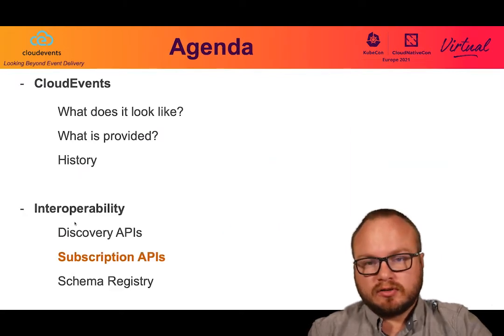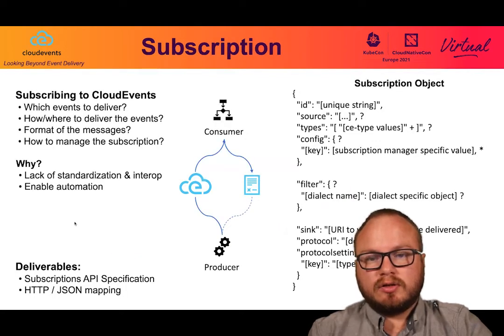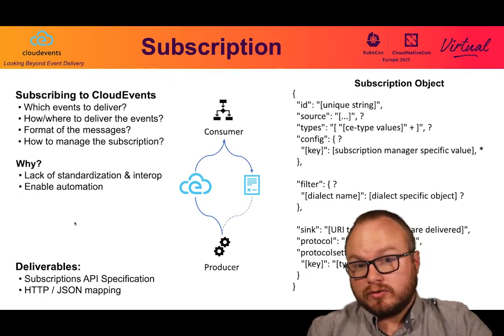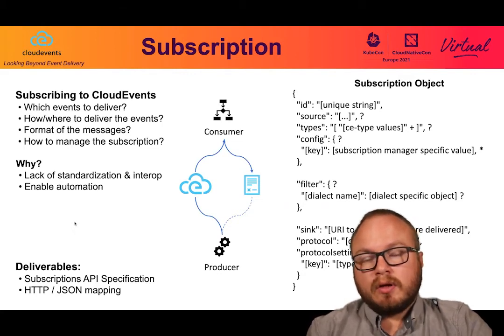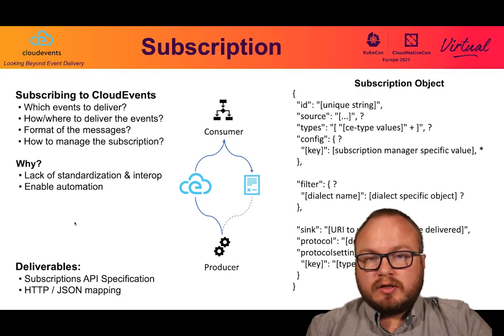As we discussed in the Discovery API, the logical follow-up is the Subscription API. Once you discover which events you want to subscribe to, you need to be able to subscribe to them. So the Subscription API is basically an OpenAPI definition on how to manage subscriptions to events.